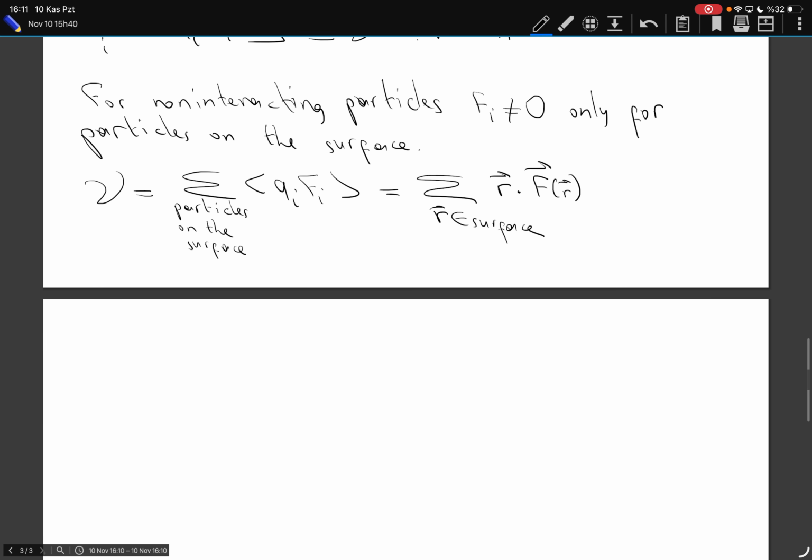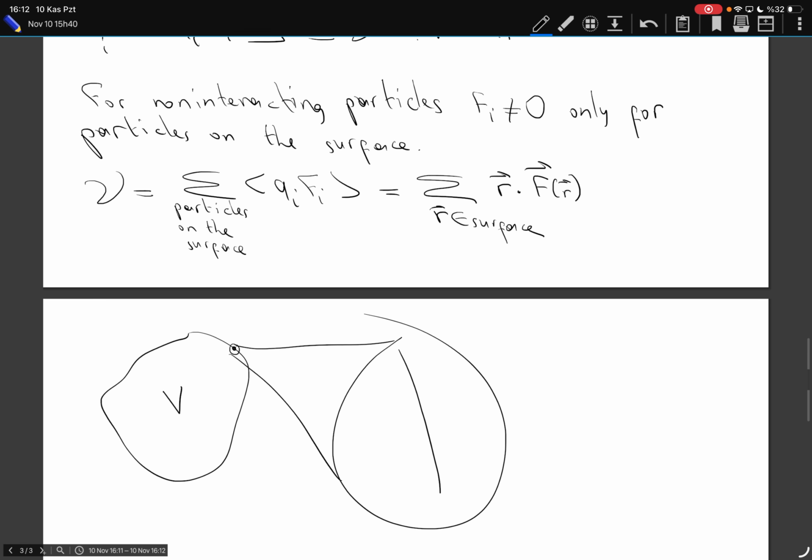Well, let's say that this is my surface, this is my volume. I can pick up some point on the surface. Well, let me pick this one. If I enlarge it, it will be this area. There are all these particles right at the surface, colliding with it.